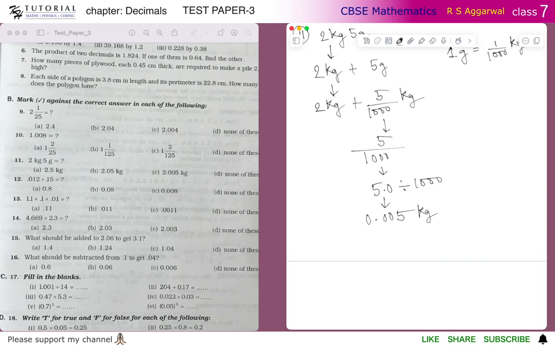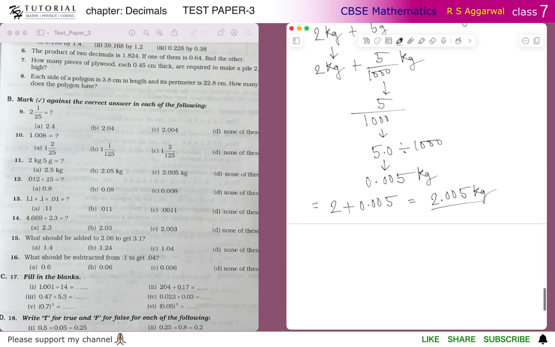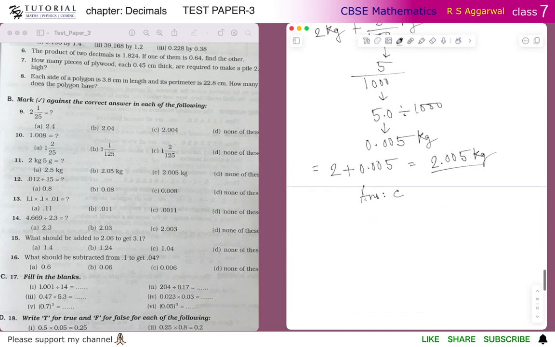So finally the result is equal to 2 plus 0.005 kilogram, and this is nothing but 2.005 kilogram. So the answer is choice C.